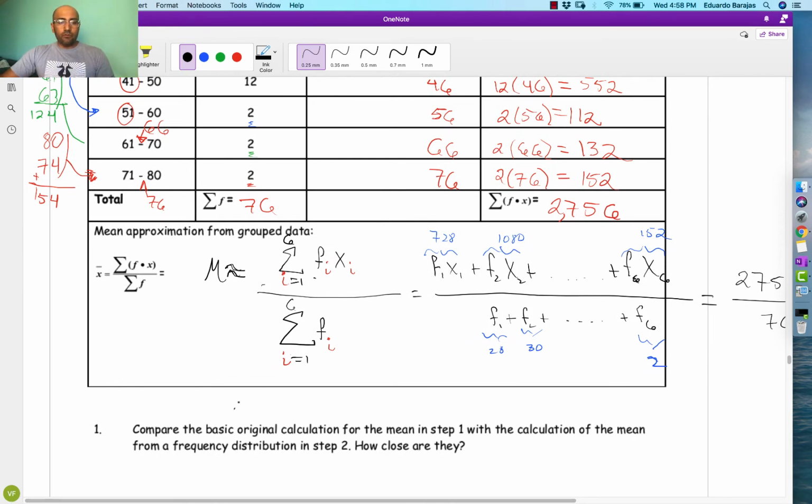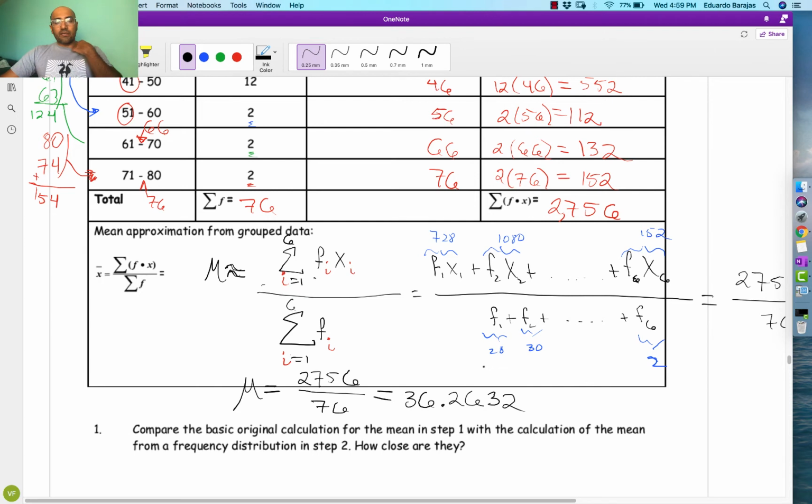So mu is equal to 2756 over 76, which is equal to 36.2632. Okay, so here is my approximation for the mean.